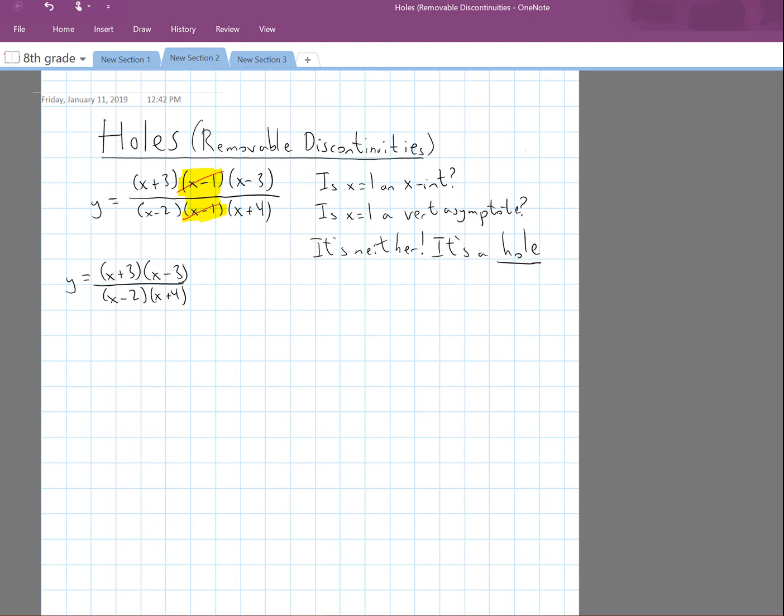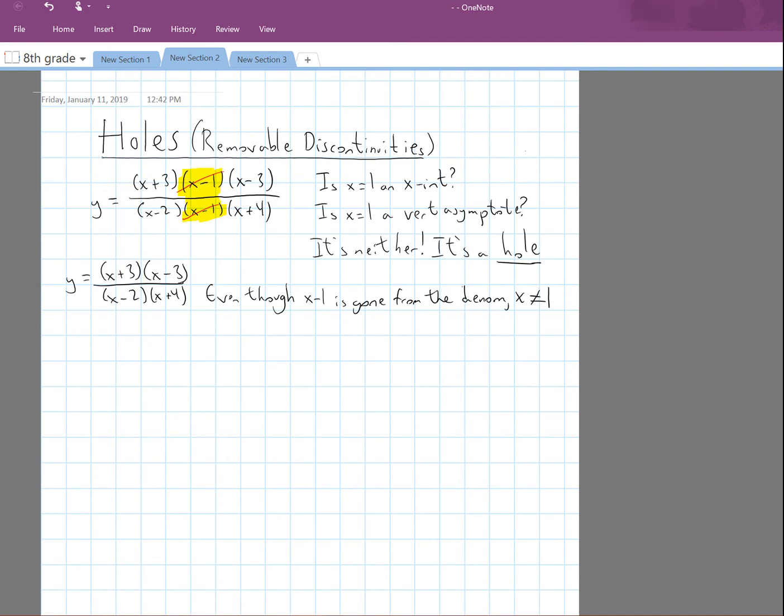And because of that, you should have seen something like this last year when you were simplifying rationals, what's allowed values or restrictions you call them. Even though x minus 1 is gone from the denominator, not the demon, the denom, x still can't equal 1. But it's not going to end up being a vertical asymptote. It's going to end up being a hole.